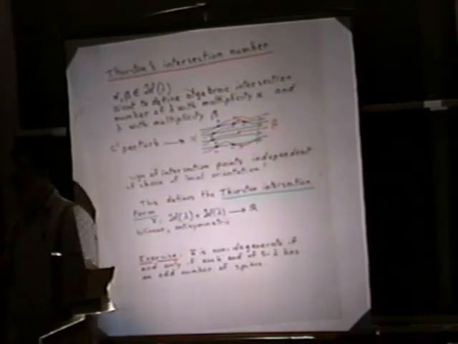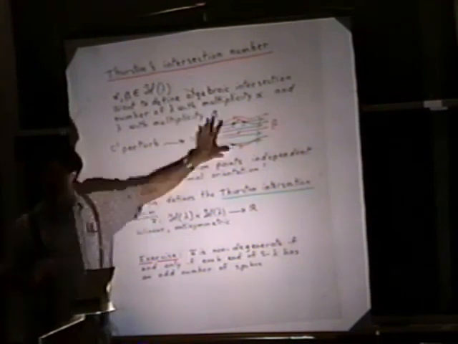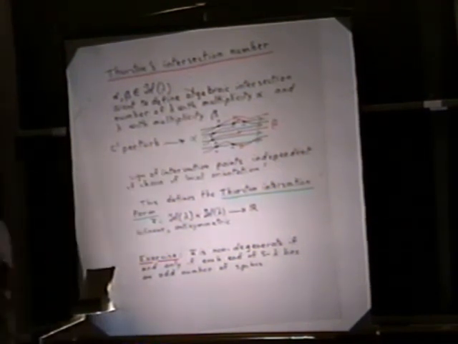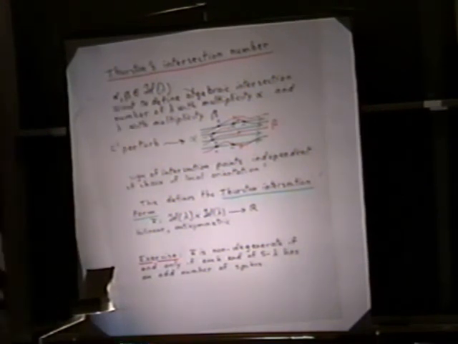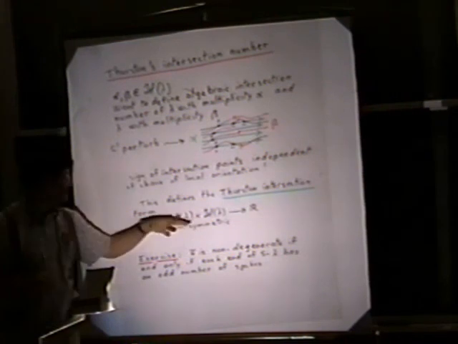So I reverse the orientation twice, and the sign stays the same. It's a very neat idea which enables you to define an algebraic intersection number on this space here. In spite of the fact that the geodesic lamination is not oriented, or orientable, you can still define this intersection number. It's a great idea.